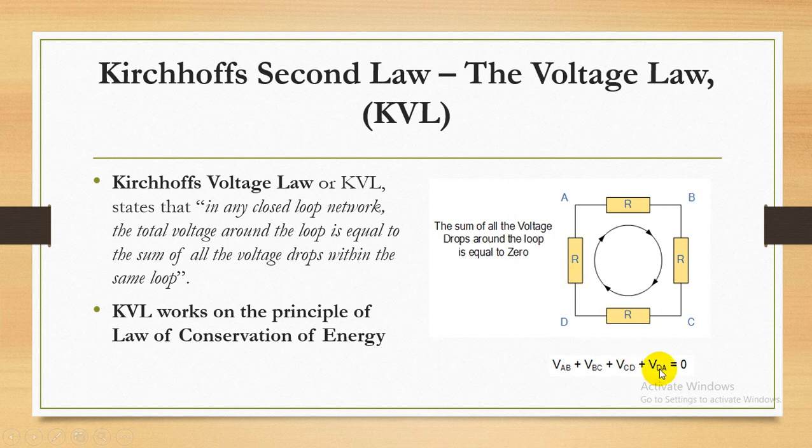When we apply KVL to this loop, that will become VAB plus VBC plus VCD plus VDA is equal to 0. These are all voltage drops.